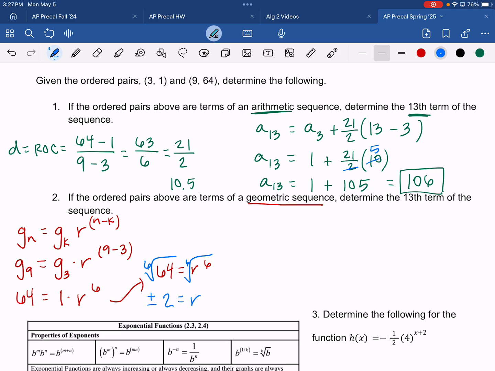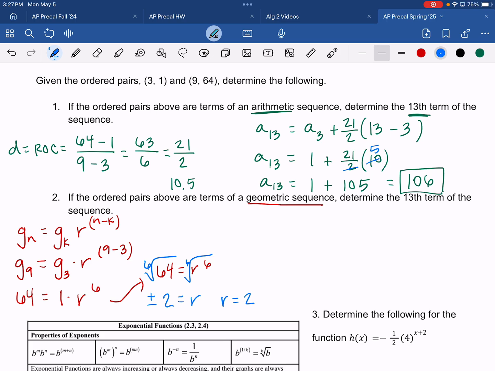So that means if it was a negative ratio, all the positives would have canceled out, like negative times a negative, negative times a negative. So it doesn't really matter because look at what we're trying to get to. We're trying to get to the 13th term, which is an even number of terms away. So I'm just going to go with R equals 2.